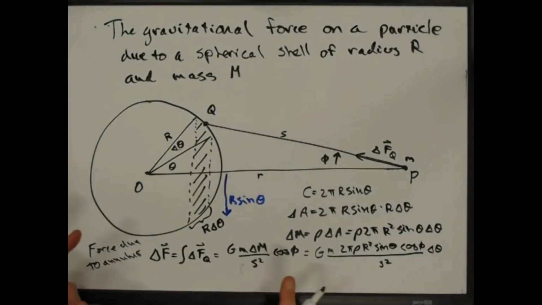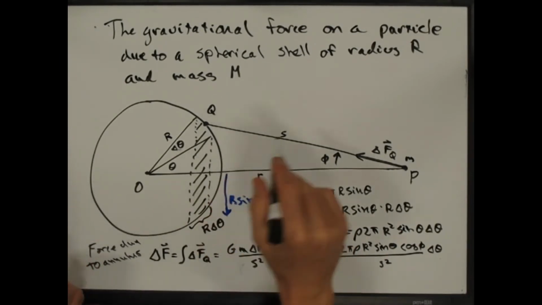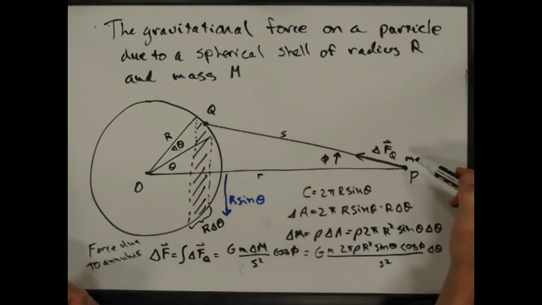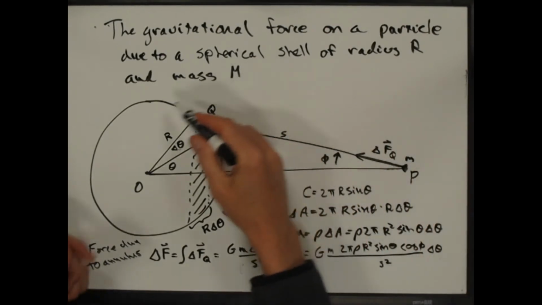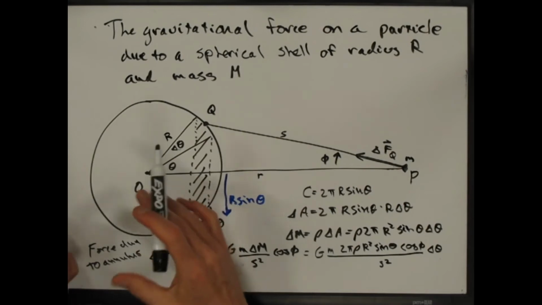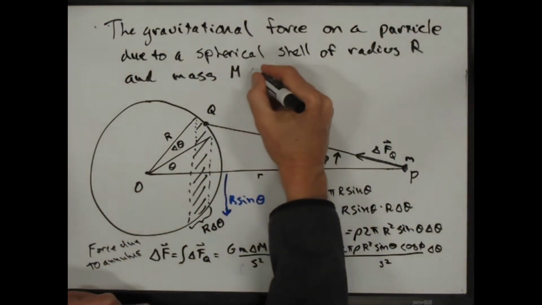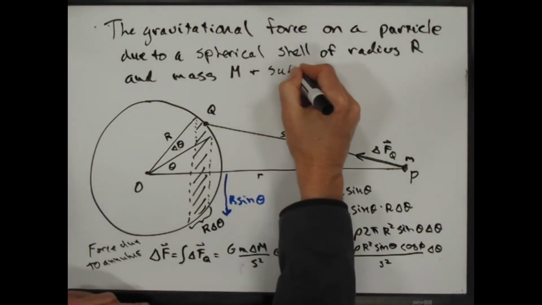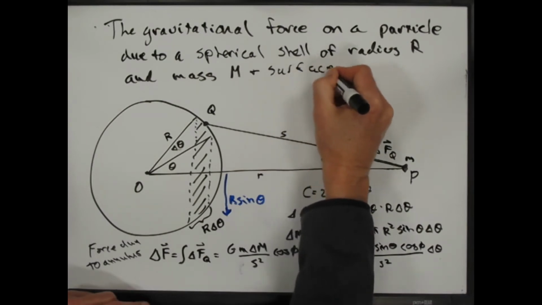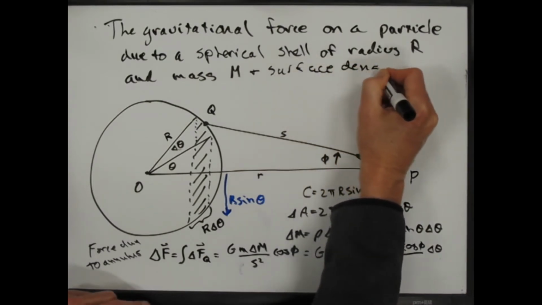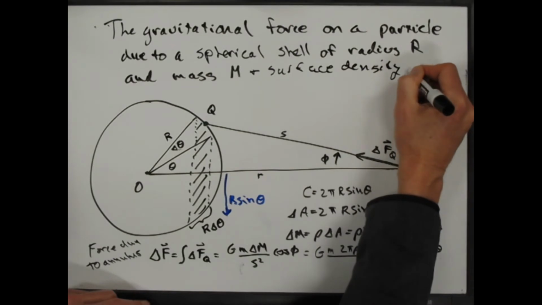So we're going to do a little discussion of the gravitational force on a particle of mass m. So here's my particle of mass m due to a spherical shell. So this is a shell of mass M, and we'll call it surface density rho.